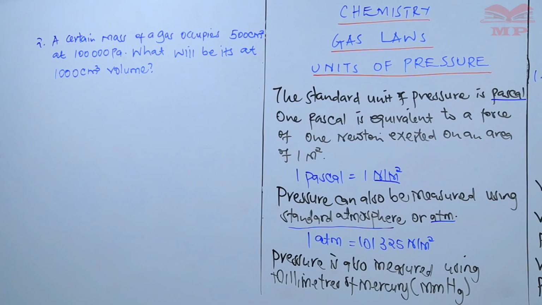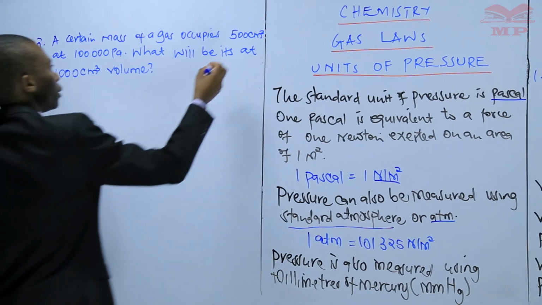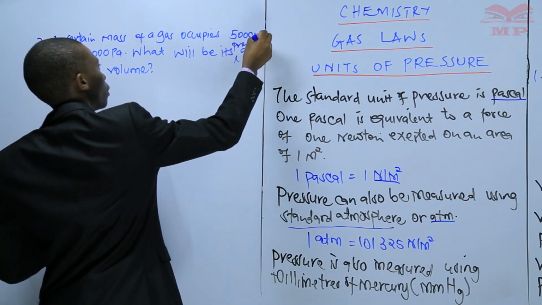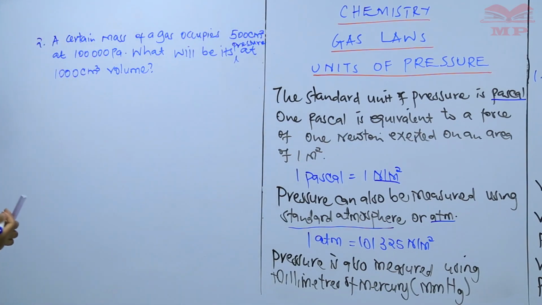What will be its pressure at 1,000 centimeters cubed?